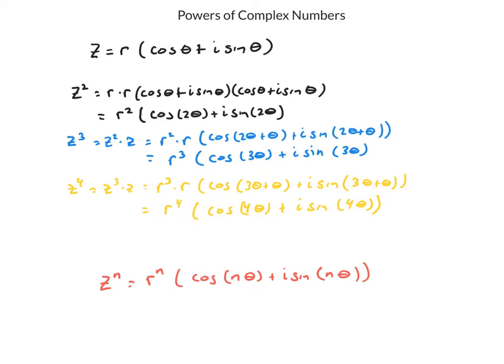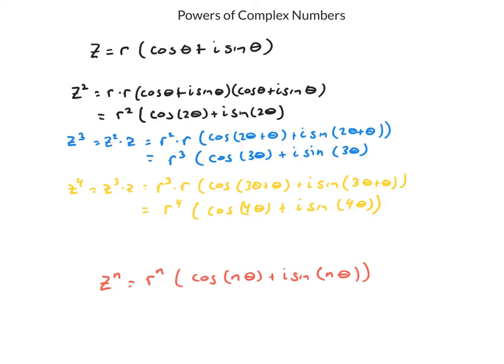Now at this point, I think you should be noticing a pattern. When you look at all of these three that we've done so far, you'll notice that the power I'm taking on the complex number, when it's written out in its polar form, the magnitude is raised to the same power.